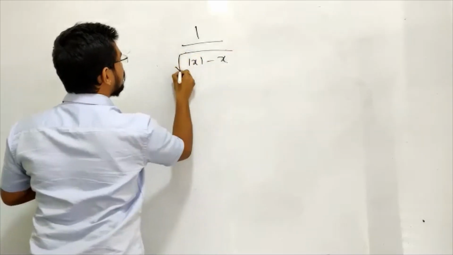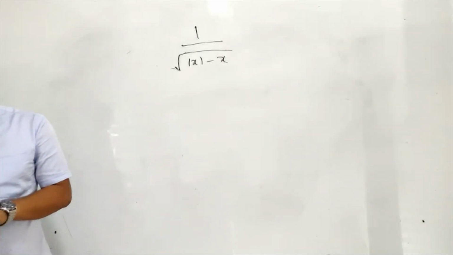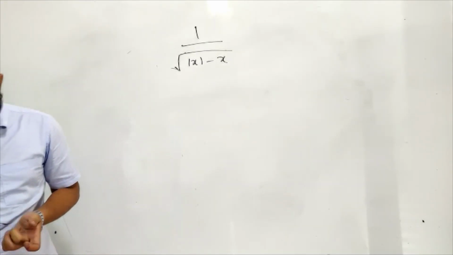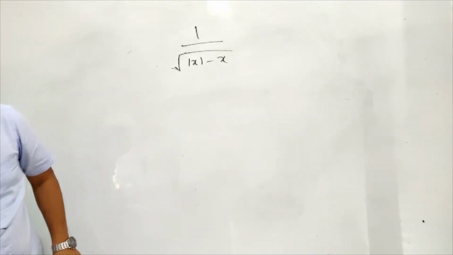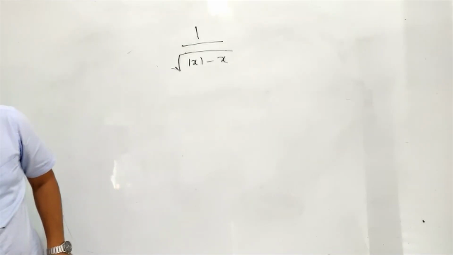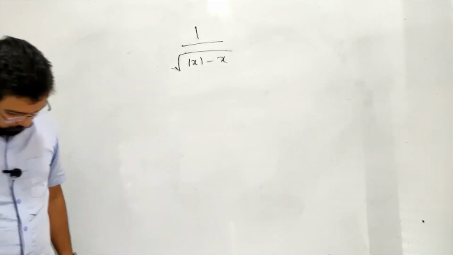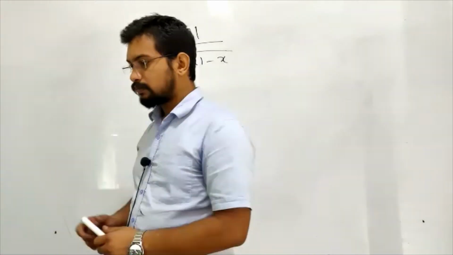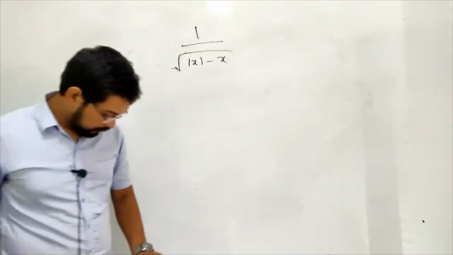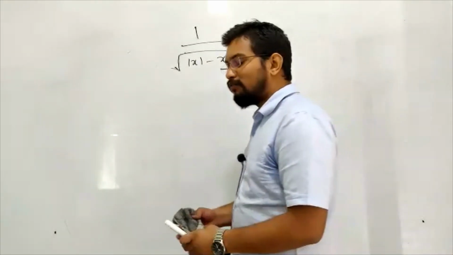Let me tell for this. One by under root of mod x minus x. Time is 1 minute.